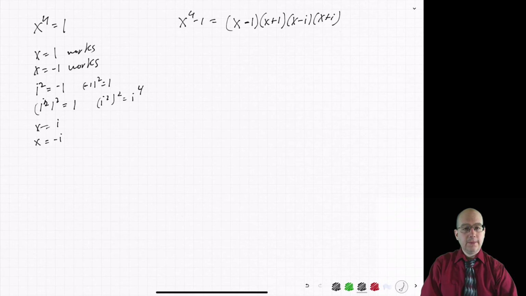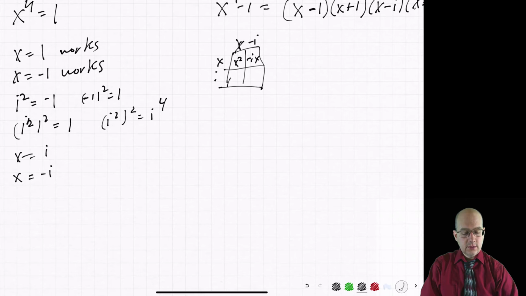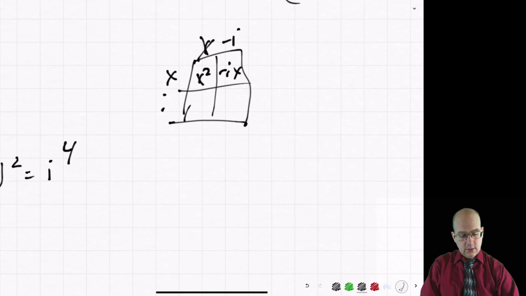Like so. And if you multiply these out, it's just like these boxes, right? So let's say x plus I and x minus I. You get x squared minus ix plus ix and minus i squared.